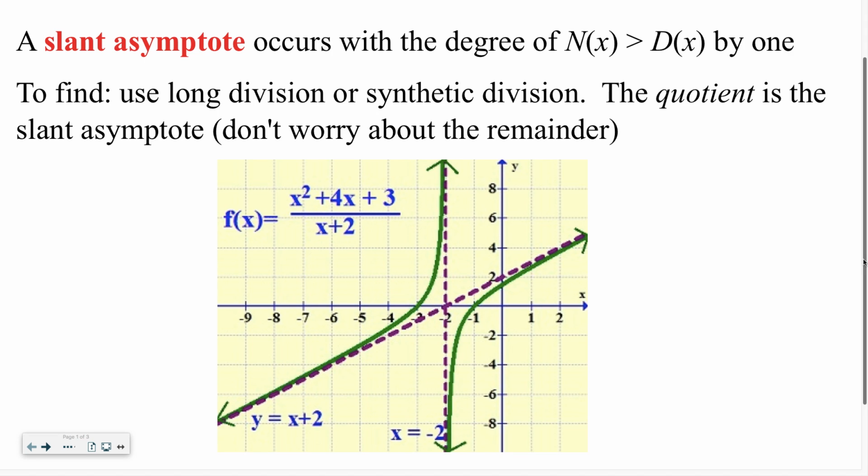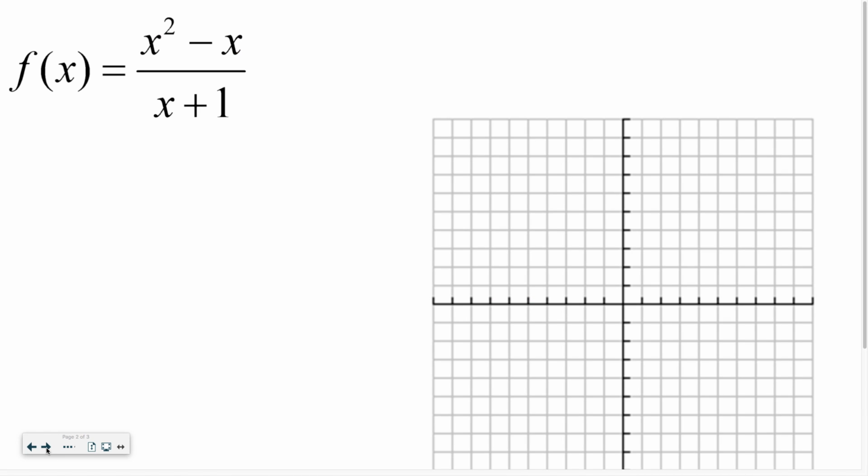Okay. So I'm going to have you write down the problem. We're going to graph it tomorrow, so leave space to where we could graph it tomorrow, okay? So here is our first problem. f of x equals x squared minus x all over x plus 1. Okay, do you notice how the degree of the numerator is larger?